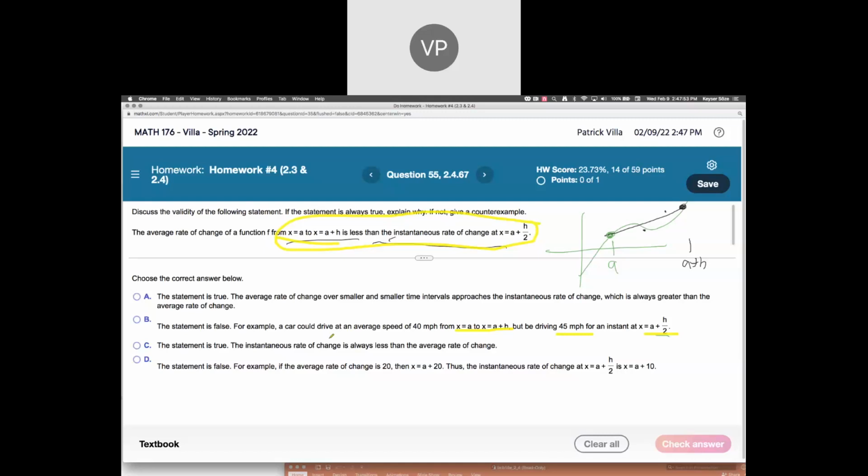yeah, and it really does, it's going to depend on what graph you have, what function you have. I want to make sure I didn't miss any reading here. Okay.